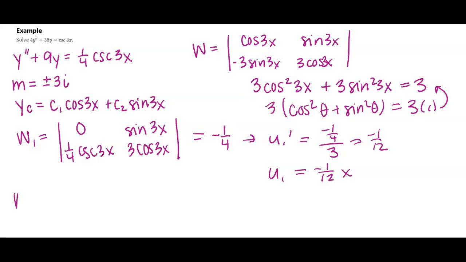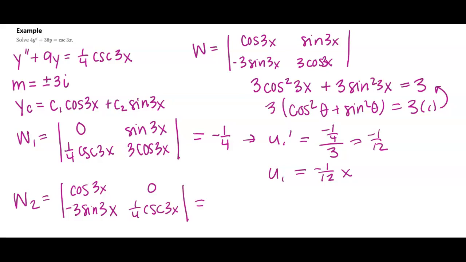All right, let's look at Wronskian number 2. I do cosine and its derivative. I do 0 and f of x. This time I'm going to get 1/4. Now cosine over sine is going to give me cotangent of 3x.